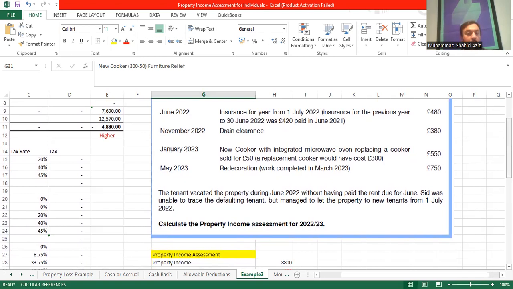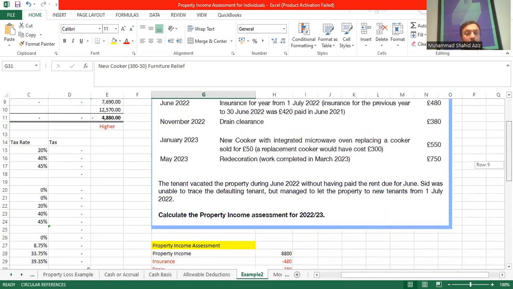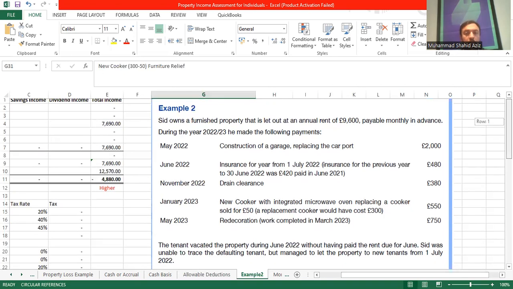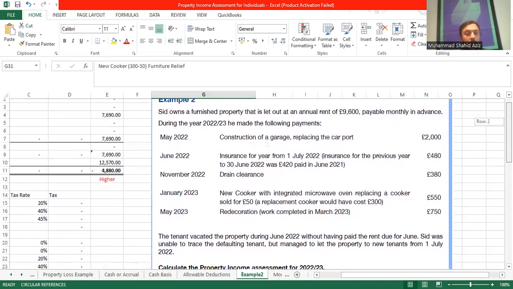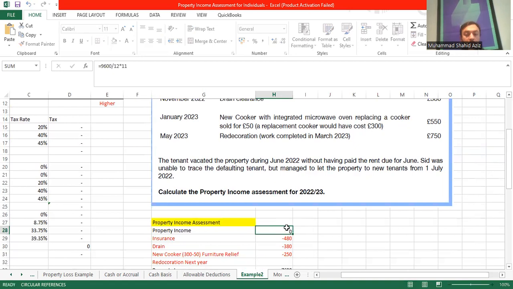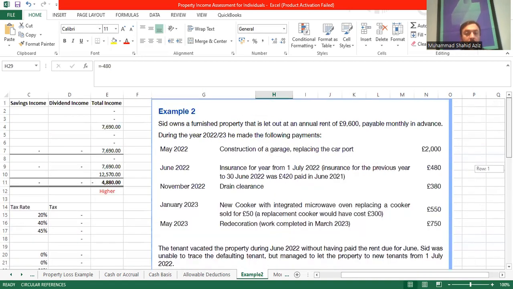So let's do it. So what is the property income? 9,600 is the annual rent payable monthly in advance. So what we need to do is 9,600 divided by 12 multiplied by 11. Why we are multiplying by 11 is because the rent is received in advance.